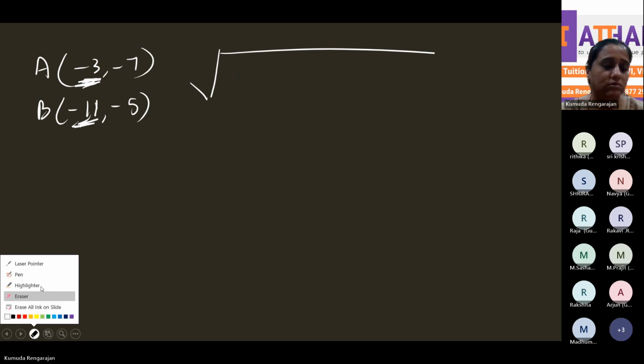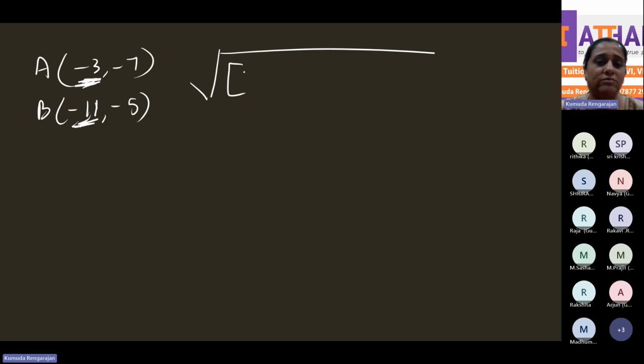So you can write -11 first and then -3. You should take a minus sign in the middle. This is x2, this is x1. x2 minus x1, the whole square, plus.